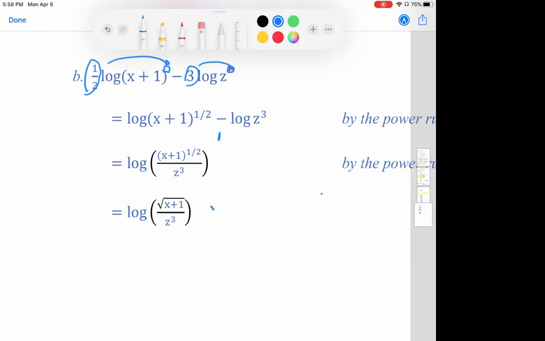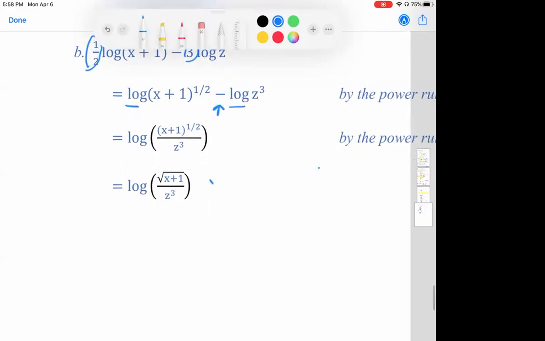And then the subtraction, and I have 2 logs of the same base. I can rewrite it using division. So I have log of x plus 1 to the 1/2 power divided by z cubed. And lastly, we don't like to keep our exponents as fractions. So whenever possible, write it as square root or cube root or whatever. So this would be square root of x plus 1.